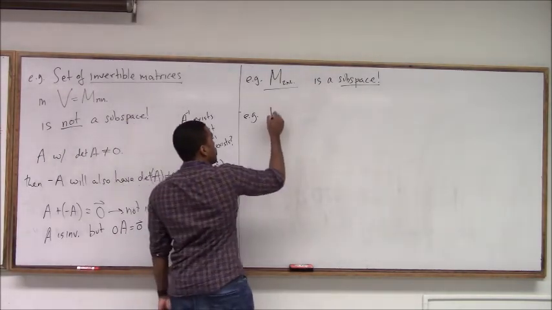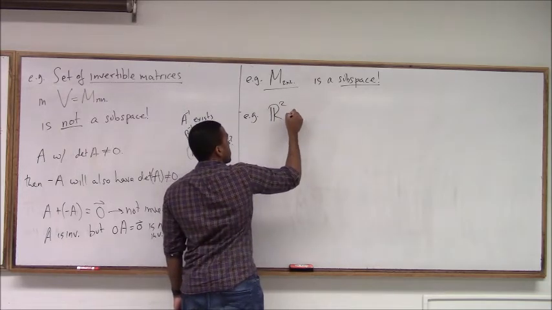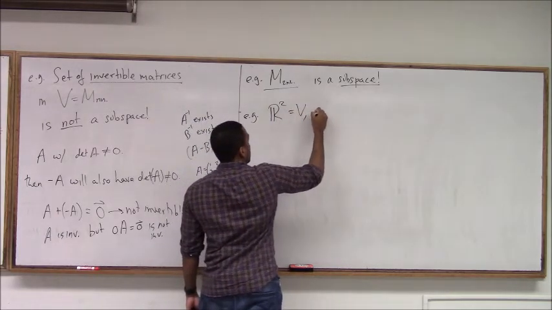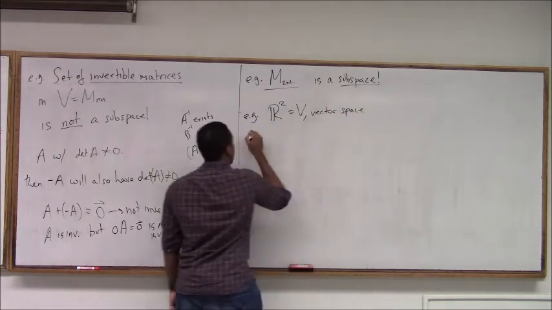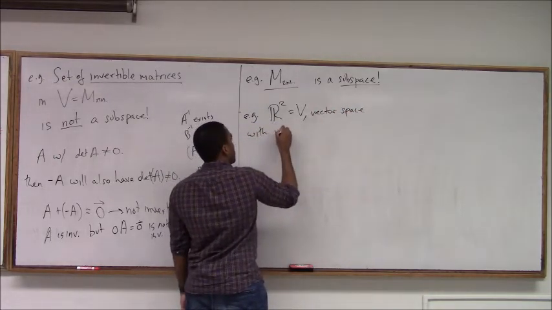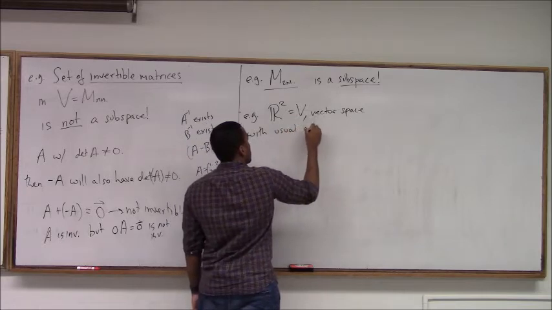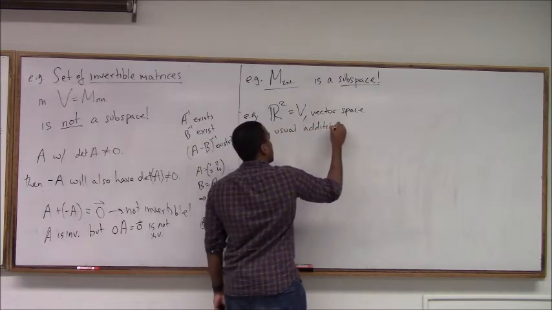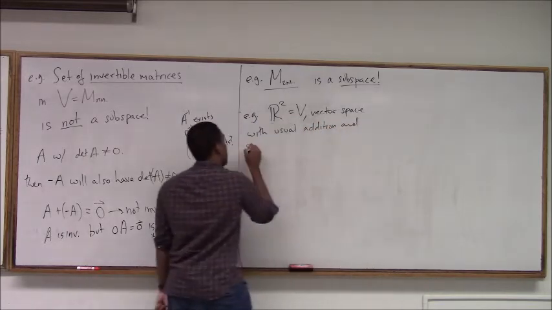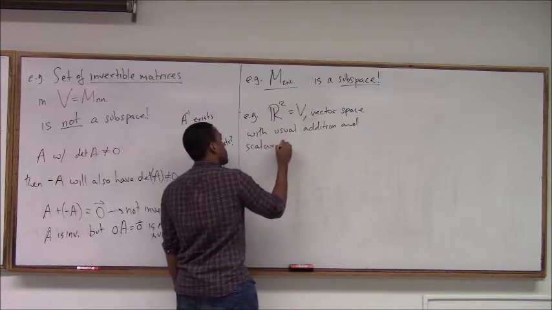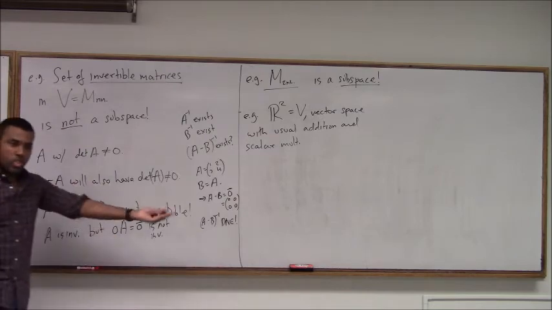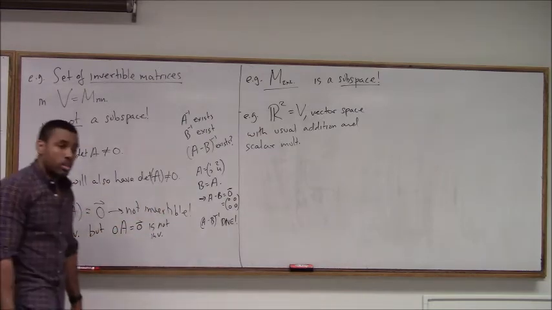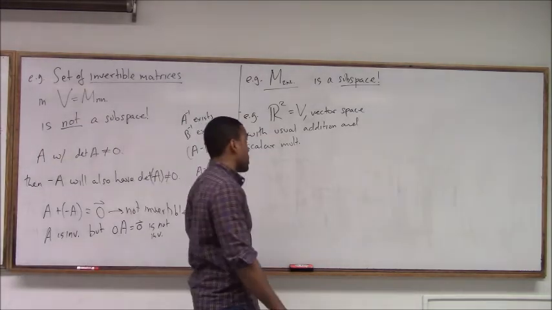Okay, so let R2 be my vector space, equipped with two operations, which are the typical vector addition and scalar multiplication that you learned from Calc 3.